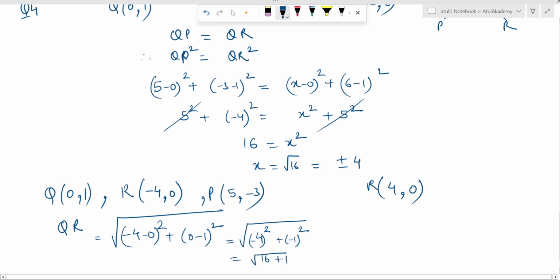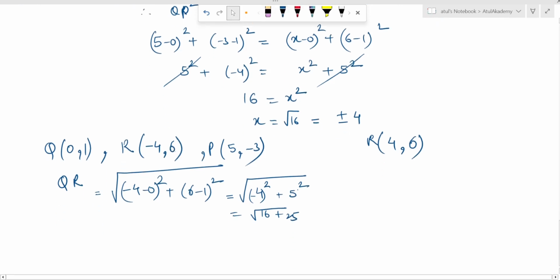I think there is a mistake, R is (minus 4, 6) and R is (4, 6) over here, yeah. So it will be 6 minus 1, so it has to be 5 square. Let's just correct it over here. 16 plus 25, so it is coming out to be root of 41. So QR, if I take it as minus 4 minus 0 also, in this case also QR will come out to be root 41 only, because it's coming out to be same.